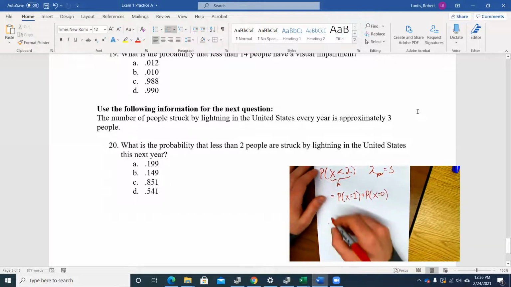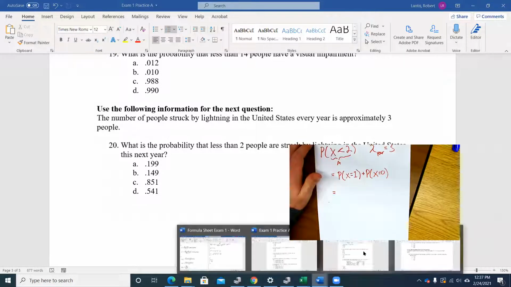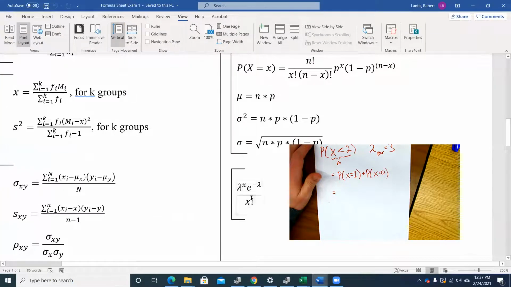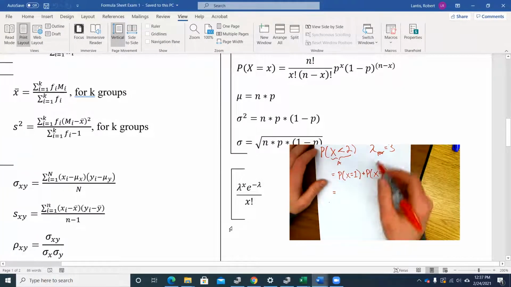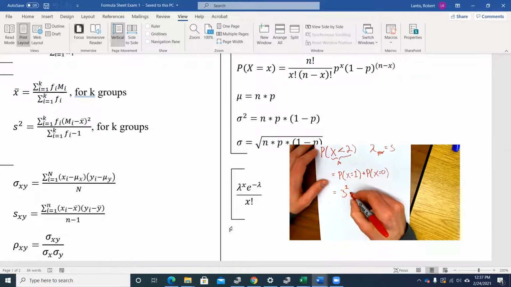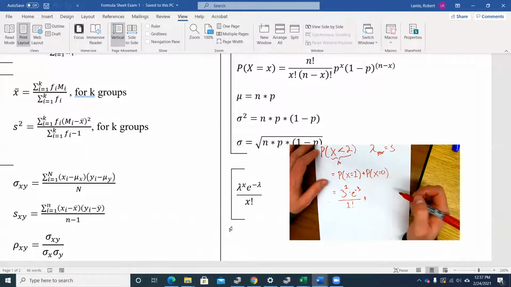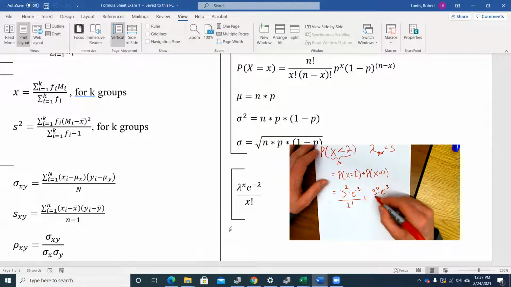It might be helpful to have the formula sheet up as I work through this one. So there's our formula: lambda to the x, where 3 is our lambda. For the first x, x is 1, times e to the negative lambda divided by x factorial. And for this probability, we have x equal to 0: lambda to the x times e to the negative lambda divided by x factorial.